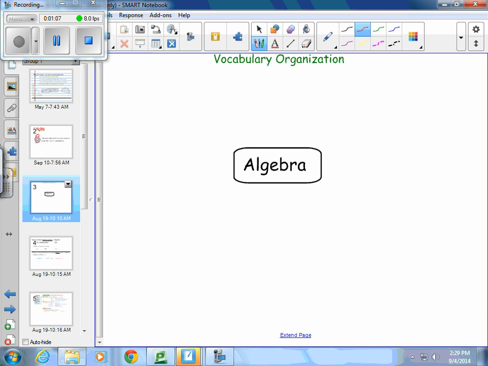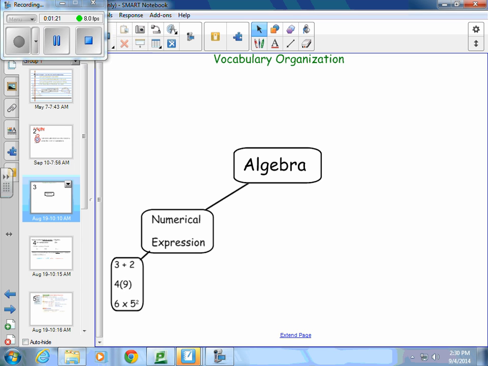So we hear the word algebra all the time, and there's a few different things that go along with the word algebra. Algebra can be broken up into numeric expressions and algebraic expressions. So numerical expression examples, what we're used to working with: 3 plus 2, 4 times 9, 6 times 5 squared.